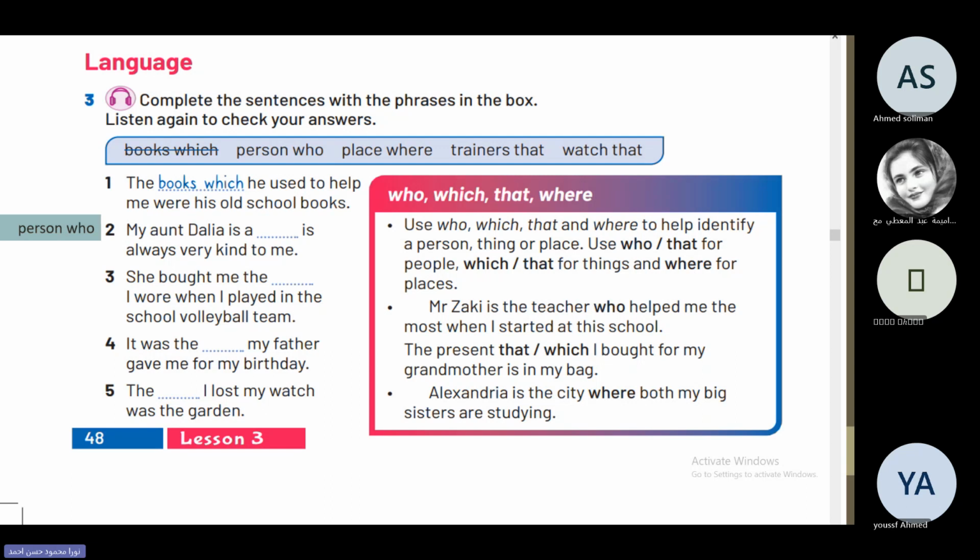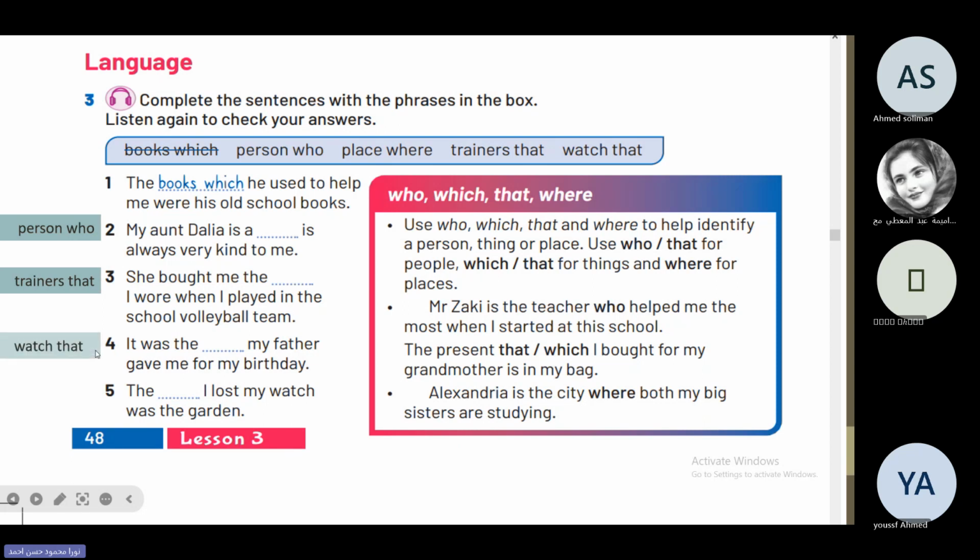She bought me the trainers that I wore when I play in the school volleyball team. Okay, trainers here are things, so we use that. And we can use which, right? Number 4, it was the watch that my father gave me for my birthday.